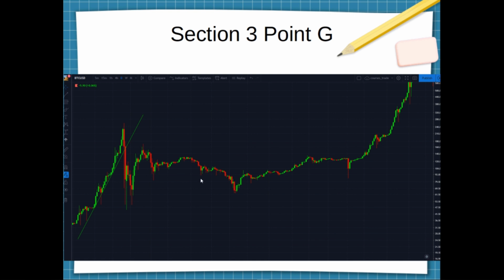And then what happened is that you get a zone of consolidation, and here Bitcoin was being traded between $100 and 150 something. So this is a very specific scenario that I wanted to show you, and you have to keep that in mind.